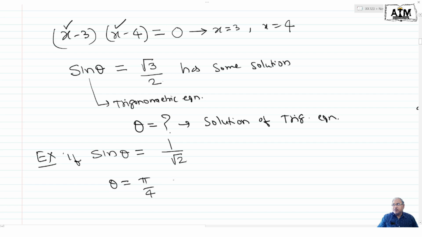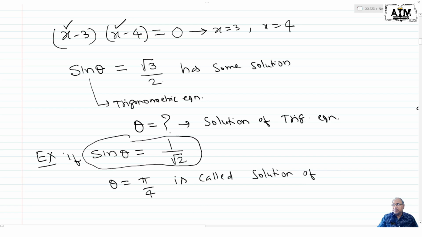Theta equals pi by 4 is called a solution of the trigonometric equation sin theta equals 1 upon root 2.